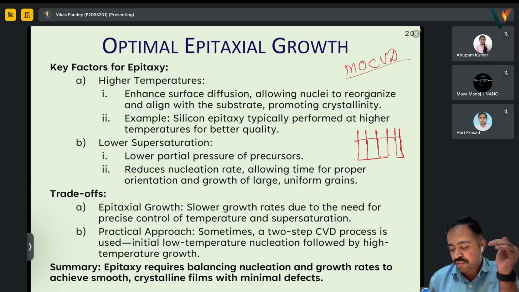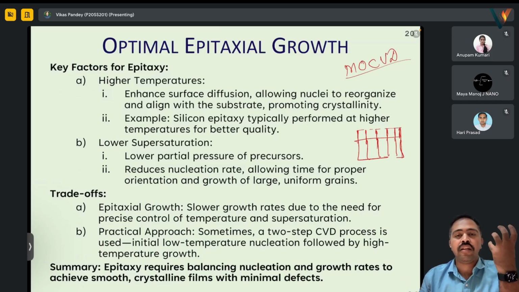There should be minimal deviation. That is somewhat how you can understand epitaxy.